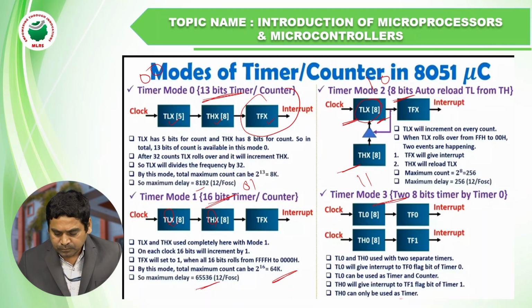So when TF0 occurs, the signal goes into this box, and the same signal gets back into this diamond shape.